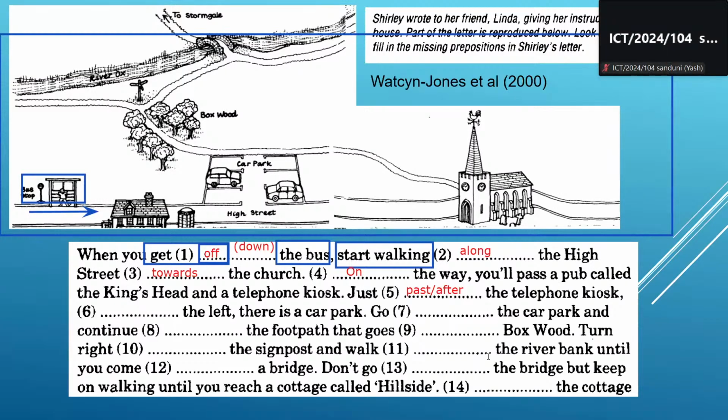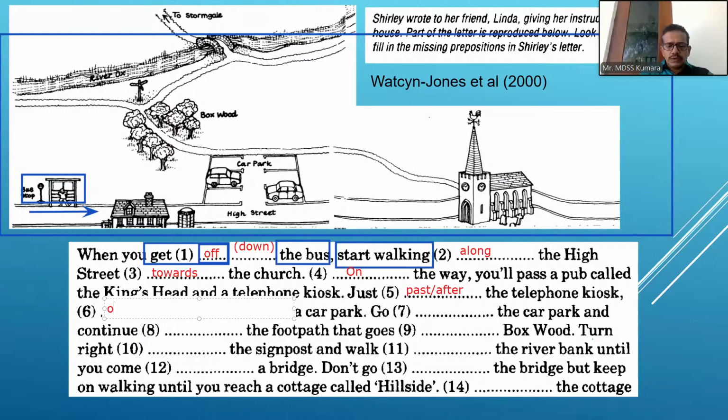On the. Yes, on the left. Or you can also use to the left. For left and right, for the two sides, the preposition we use is on. You can also use to.